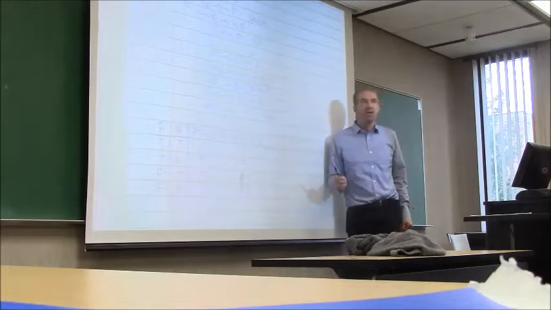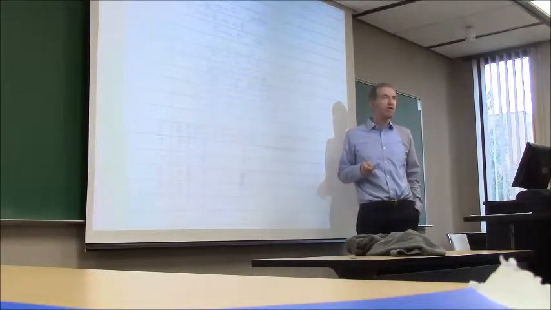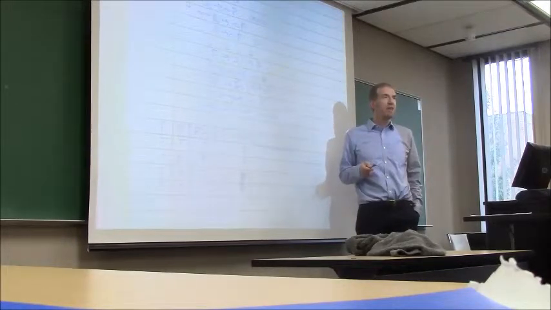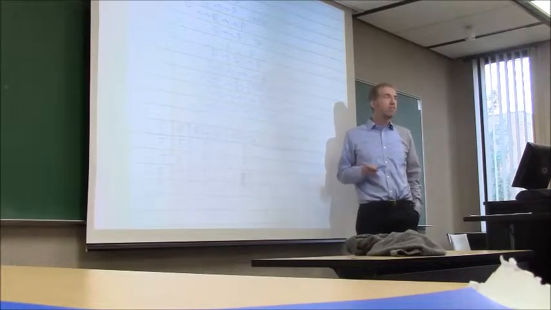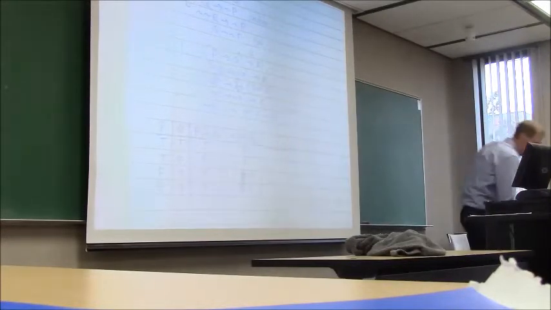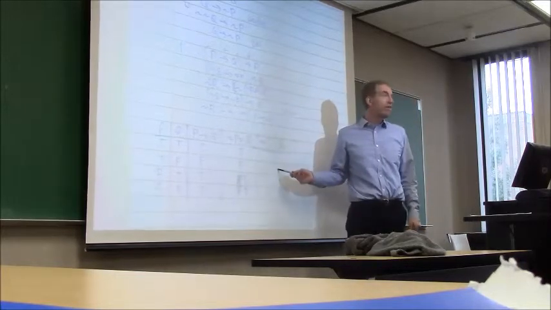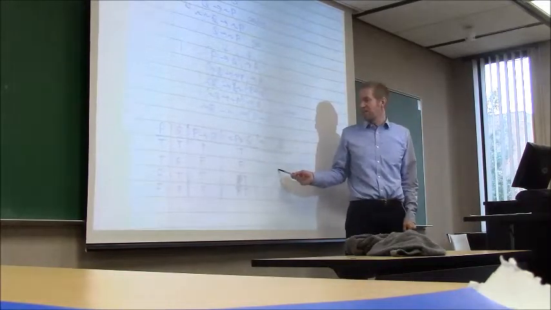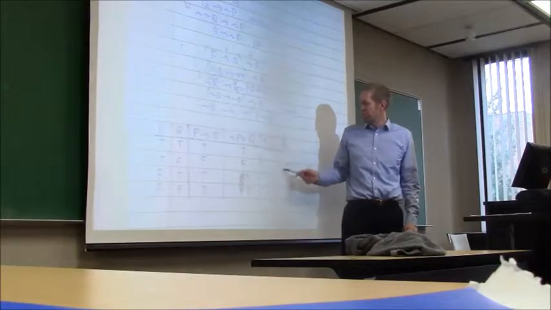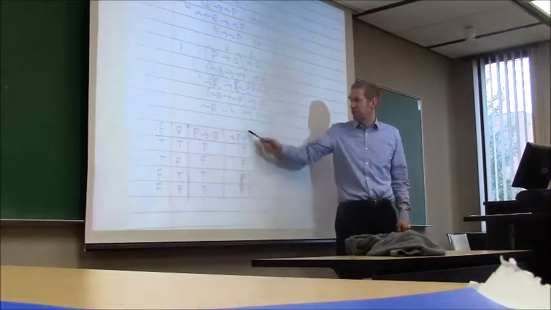If a conjunction is only true once and false 3 times, what kind of thing will be true 3 times and false once? The negation of a conjunction. So in other words, we're going to negate a conjunction. What conjunction? The conjunction that is going to be true on this line. Because it's going to be false, true, false, false, and then when we negate it, it's going to be true, false, true, true, which will make it equivalent.